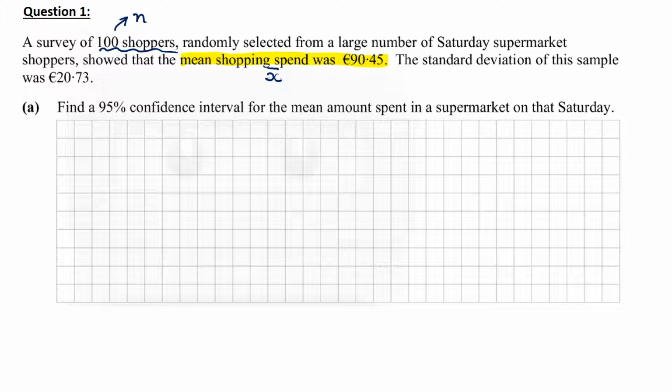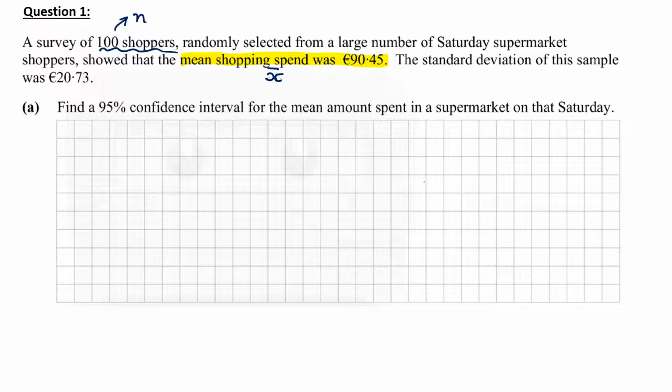Now, you may have used both x bar and mu interchangeably in junior cycle, and I know that can cause some confusion. However, if you do not have the correct symbols here, you will incorrectly put them into your formula and you'll get the wrong answer. So you need to be able to label this correctly. When we're talking about the mean of a sample, we're using x bar.